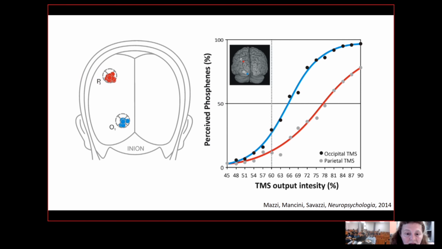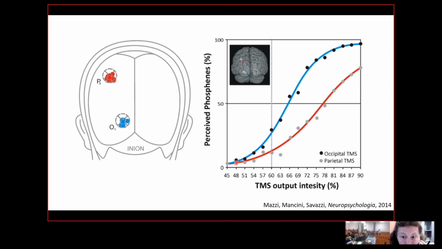What happens is that you can increase the intensity of your stimulation, like for normal threshold assessment for visual stimuli. By increasing the power of your stimulation, you also increase the likelihood, the proportion of your yes responses. I saw something. But these two locations here produce different threshold functions. So here you need less intensity to get to the threshold to see a phosphene.